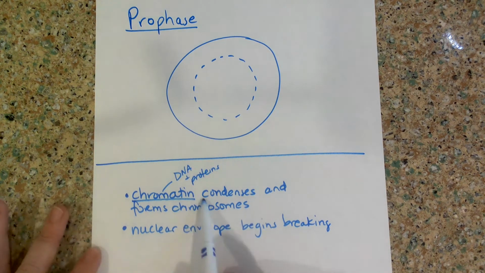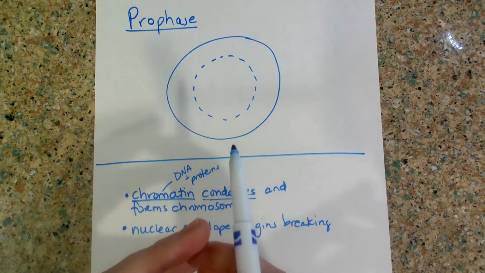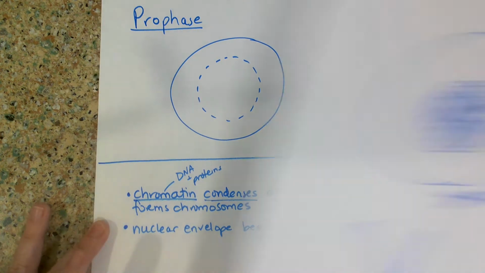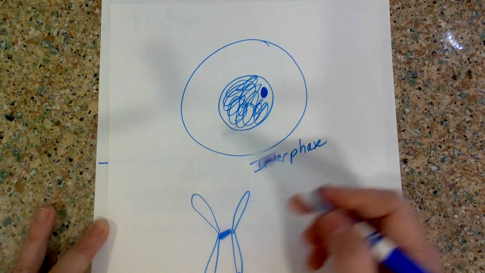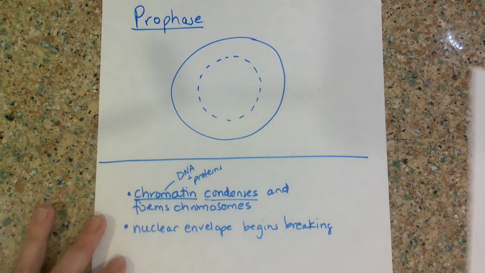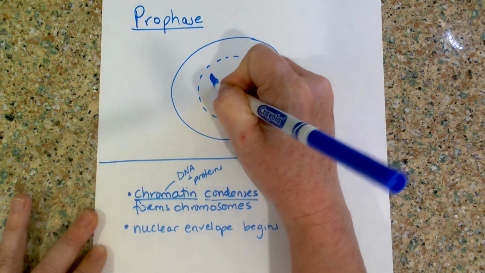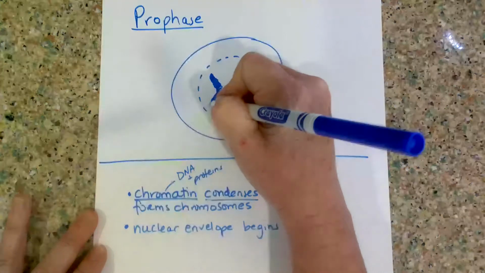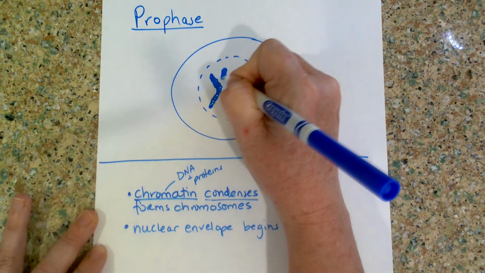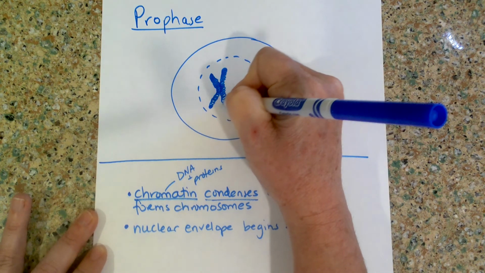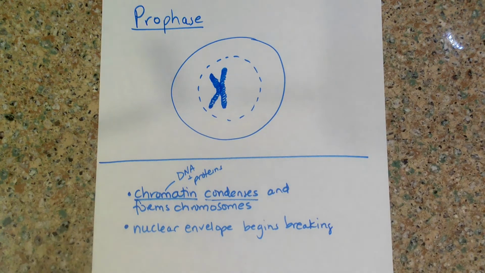So when it condenses means to bunch together. So where in a working cell, the DNA is all unraveled, in a dividing cell, the DNA condenses and it bunches back up into these structures that we call chromosomes. So microscopically, it's just a long bunched up strand of DNA.